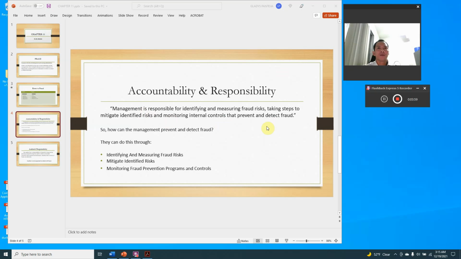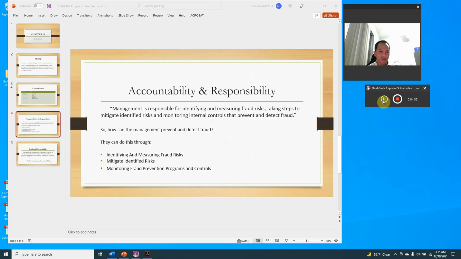So, the management or the board committees should be responsible for prevention and detection of fraud, and not the auditor. The management is ultimately responsible for preventing and detecting the fraud. So, how can the management prevent and detect fraud? They can do this through identifying and measuring fraud risk, mitigating identified risk, and monitoring fraud prevention programs and controls.